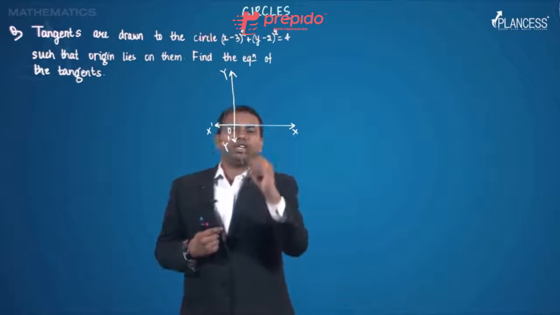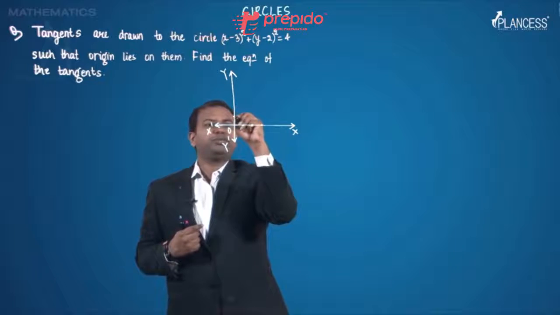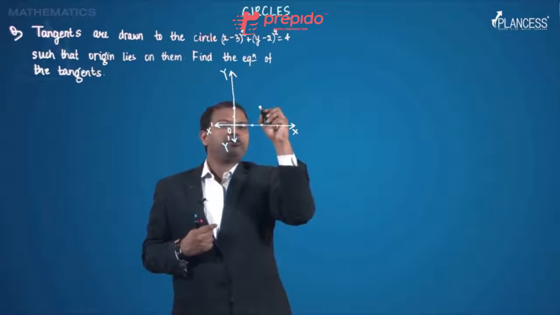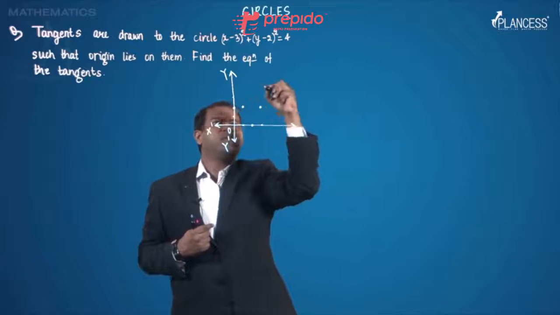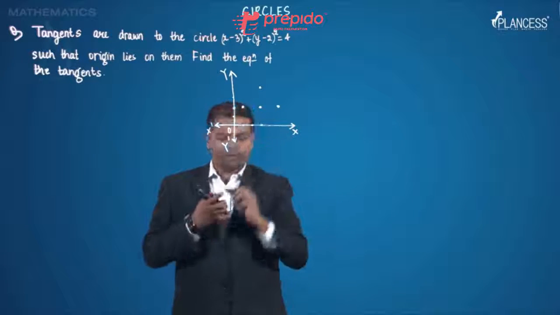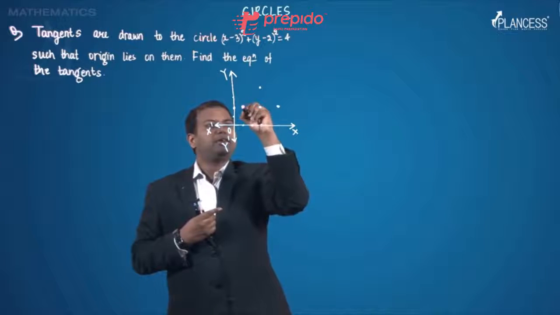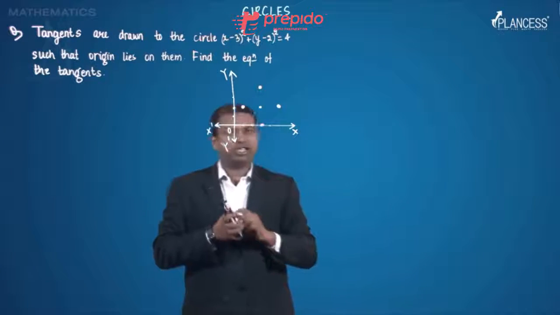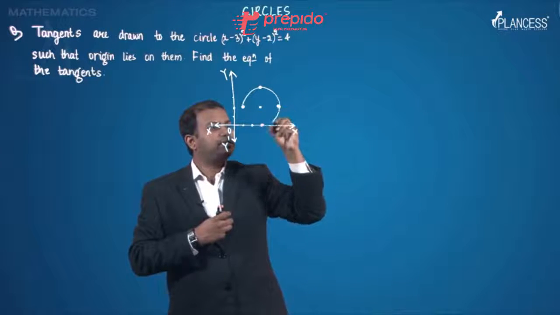The center of the circle is at the point (3, 2), which means it is here, and the radius is 2, so the circle would be passing through these 4 points. Let me draw these points, and our circle would be something like this.